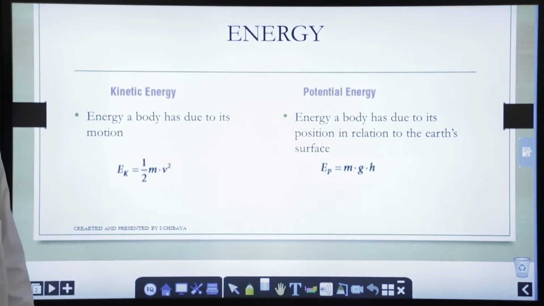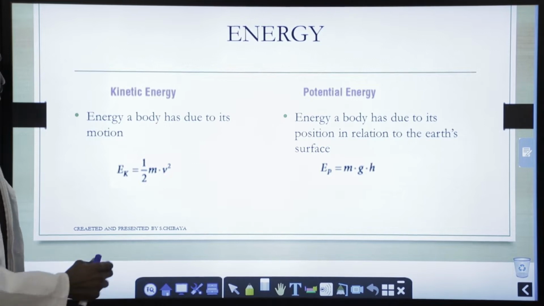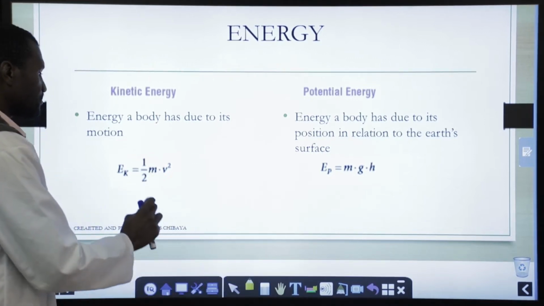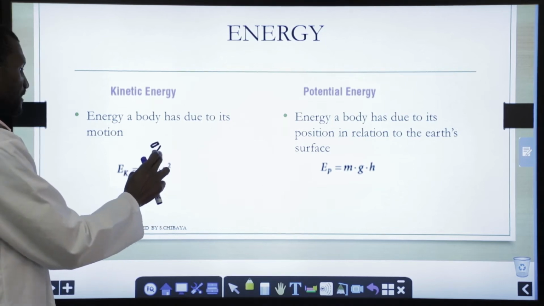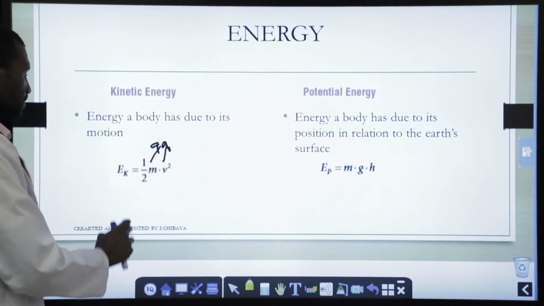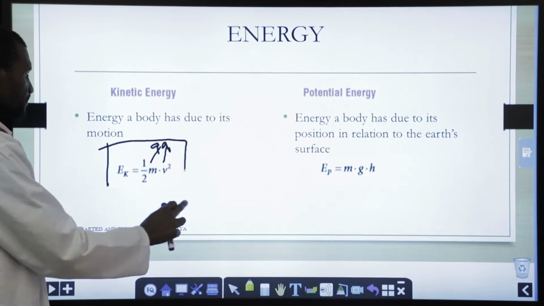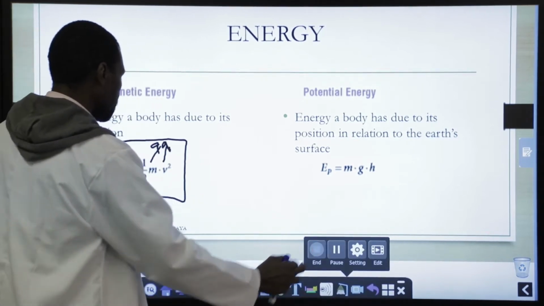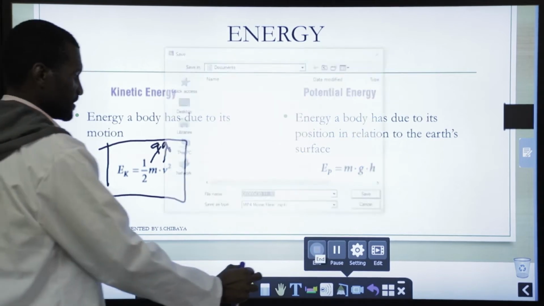So kinetic energy is affected by the body's mass and the body's velocity. All right, so kinetic energy EK is equal to half mv squared.